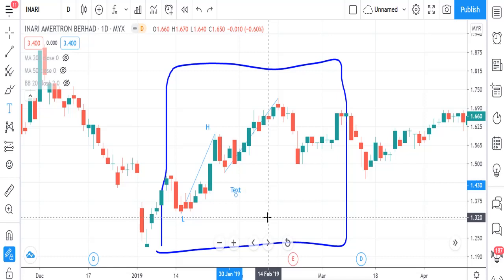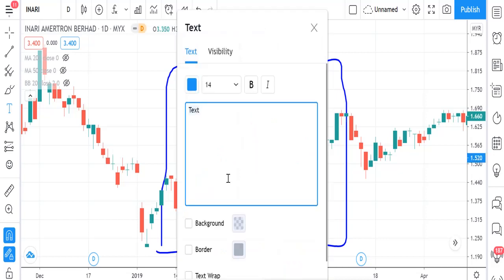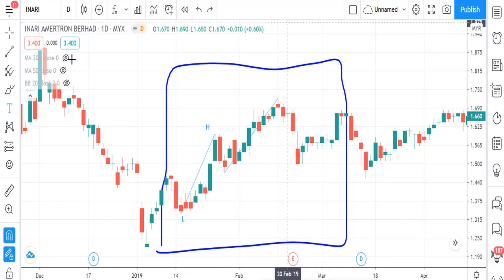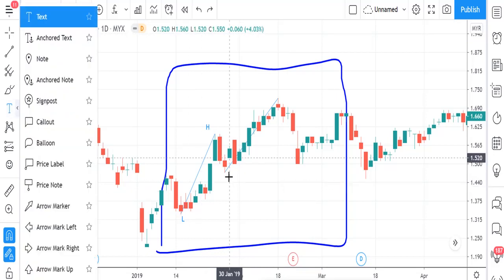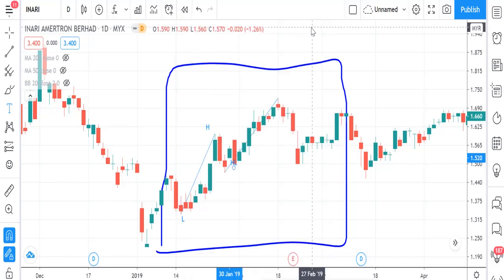I don't know what's happening to this higher low, it's always missing my point. I'll put it back here. Every time I try to place it, I click here, but it places it somewhere else. That's a funny thing about this tool. But anyway, we'll leave it like that.